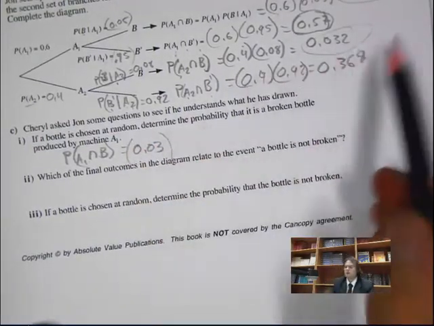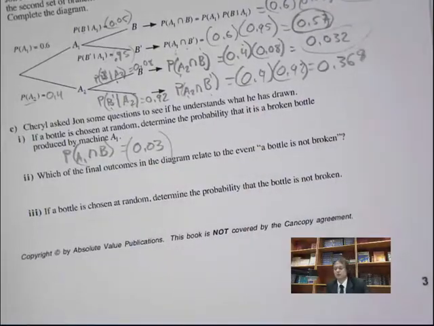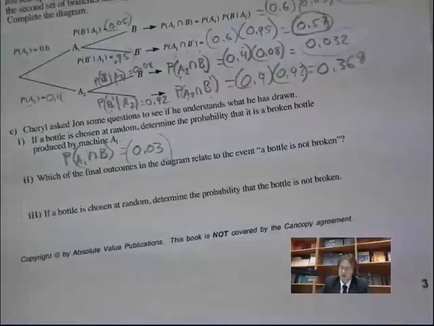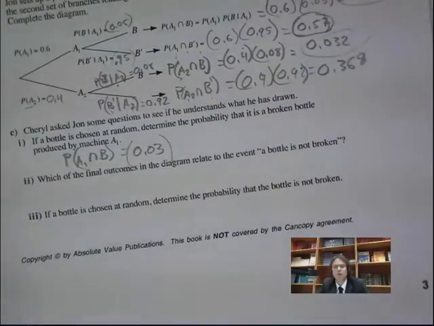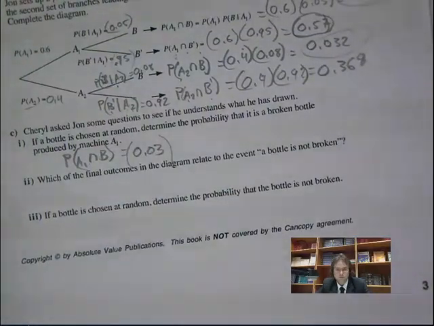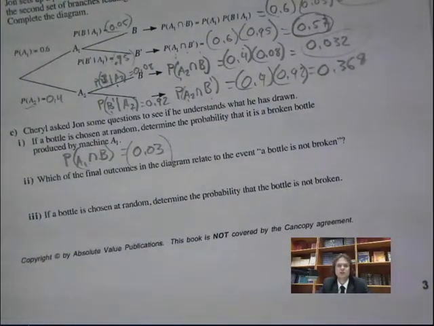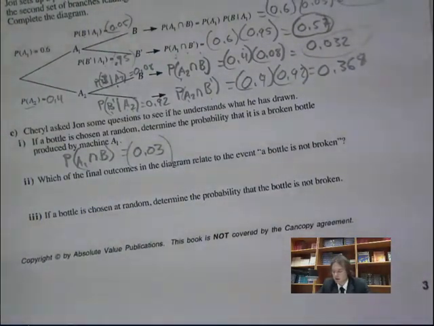Another way of doing it is you could have just taken these and multiplied them together without the tree. Then the next one says, which of the final outcomes in the diagram relate to the event that a bottle is not broken?